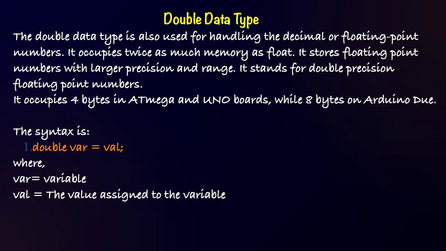It stores floating point numbers with larger precision and range. It stands for double precision, that's why it's called double. It occupies 4 bytes in Atmega and Uno boards, while 8 bytes on Arduino Due. Different boards, different memory allocation. The syntax is double var equal to val, nothing different in that.